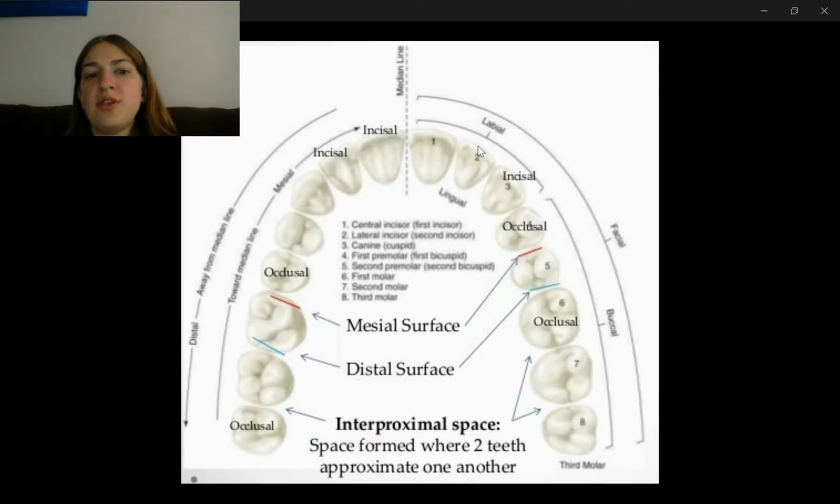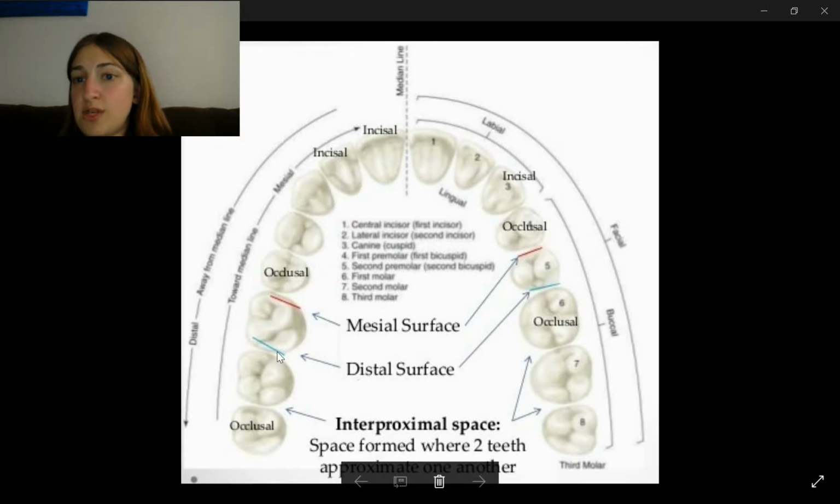There are also these three terms I'm still trying to understand a little bit. There is mesiodistal, which is the axis running from the mesial to the distal section, so basically this kind of line, no matter which direction you're looking. There's a buccolingual, which is the axis running from the buccal to the lingual. Oh wait, hold on.